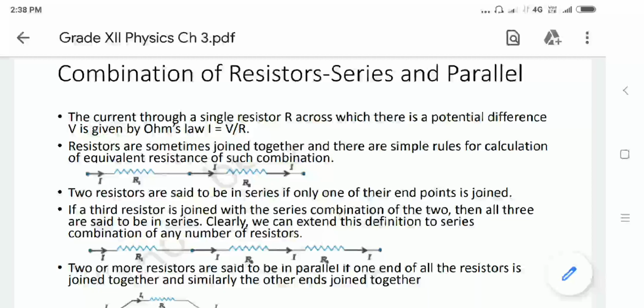Here we can apply Ohm's law, that we know V equals IR. Where more resistors are there, accordingly we can choose the Ohm's law condition.